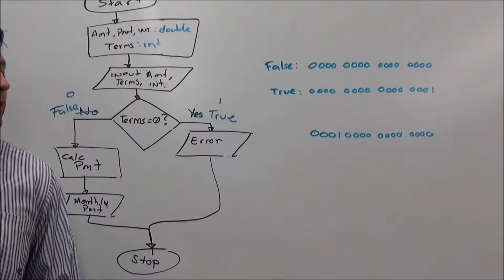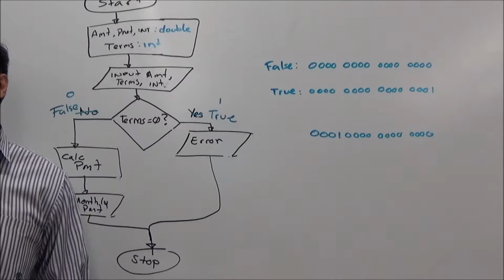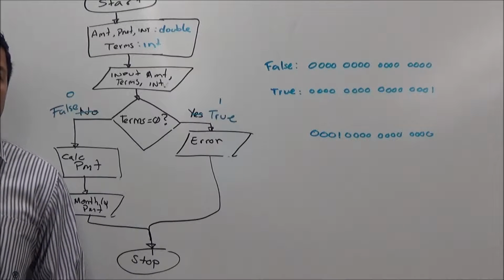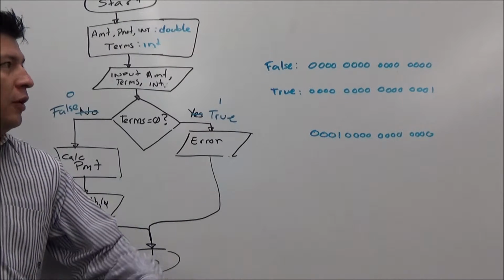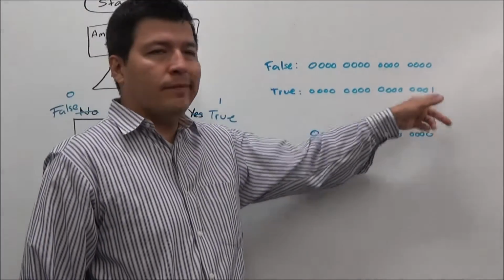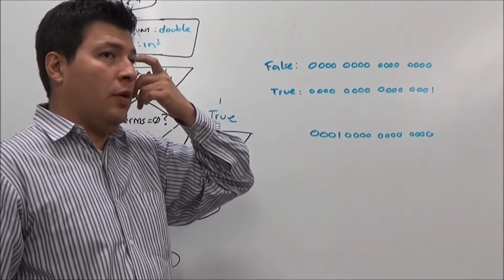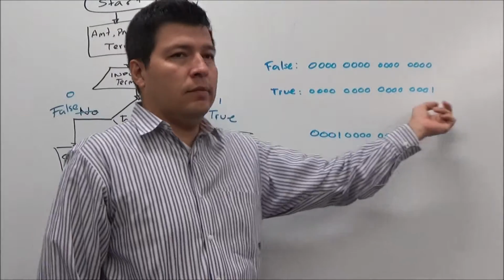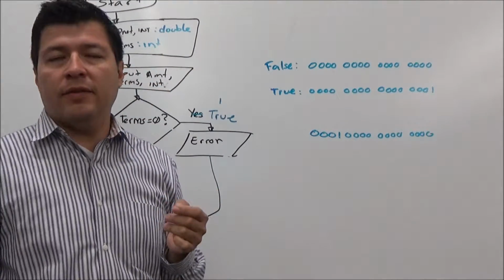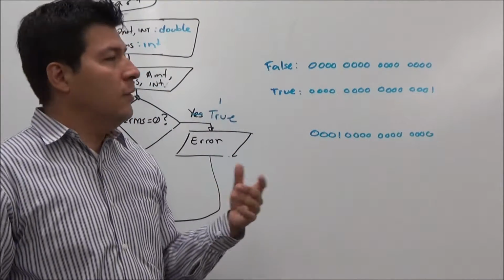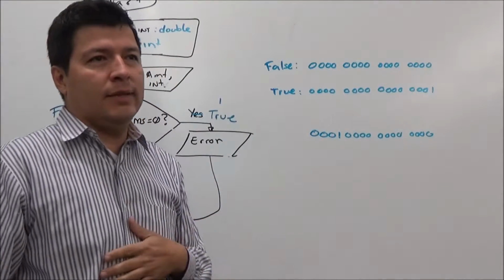Sometimes you might need multiple boolean variables, but you're only using the last bit, right? But the computer is going to allocate whatever the word size is, in this case 16. So you're kind of wasting 15 bits.